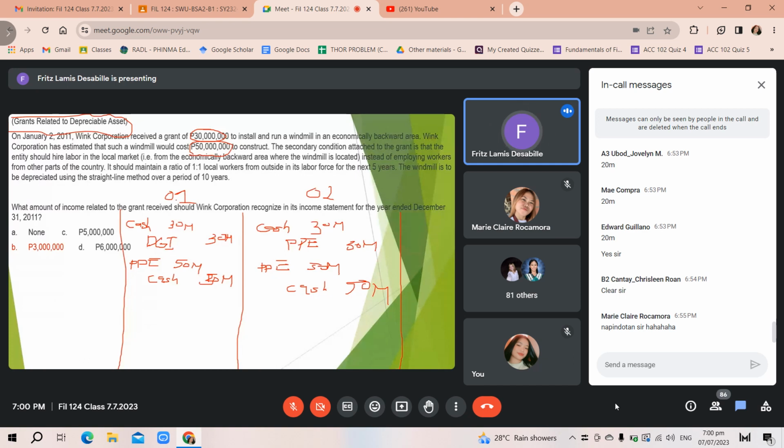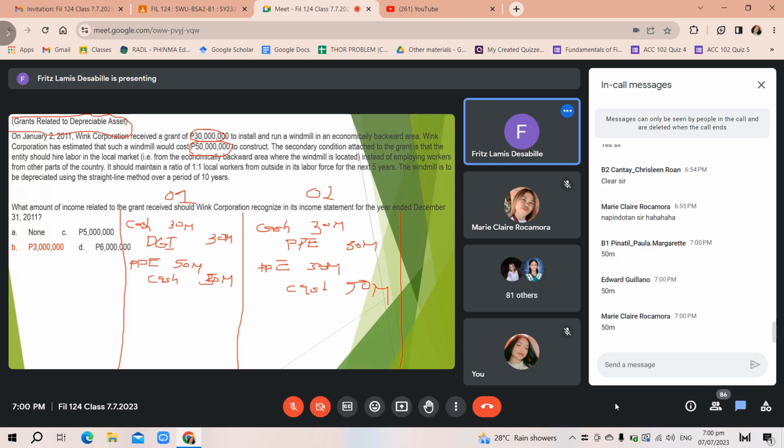In the first option, guys, how much is the cost of the PPE? In option 1, it's 50. Option 2, how much is the cost of the PPE? It's 20, correct?